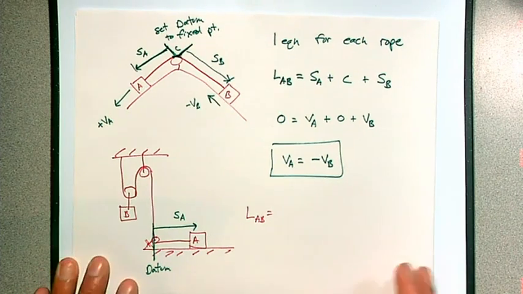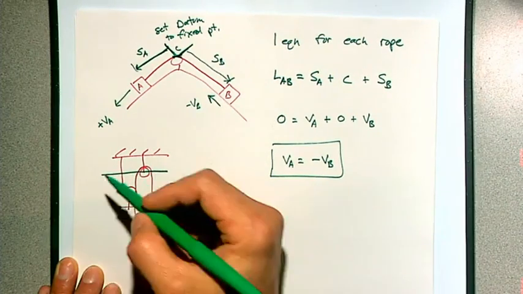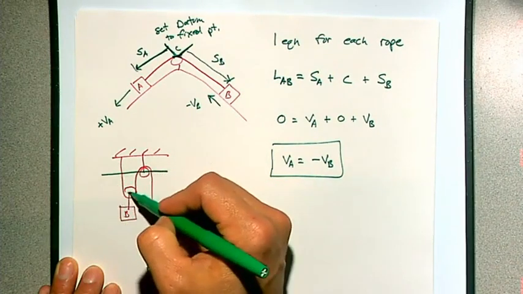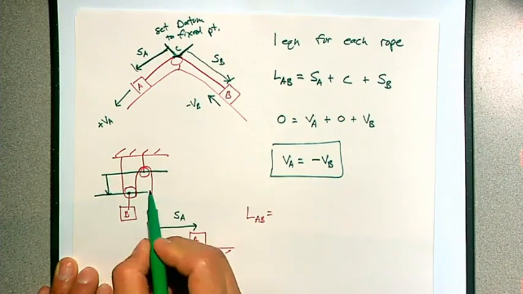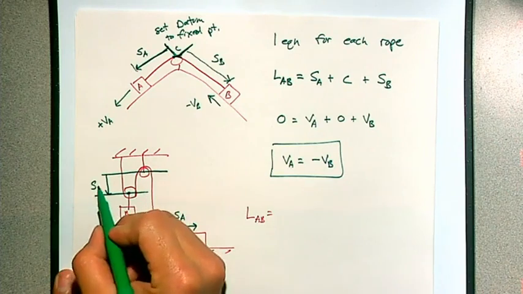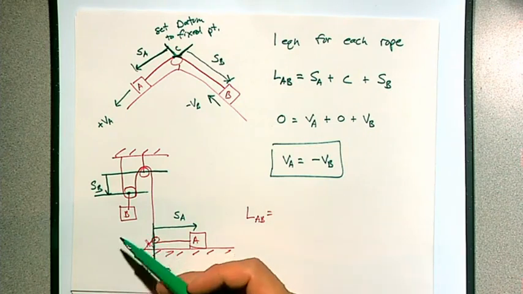The second one, our distance for B. All right, well, maybe that's not intuitive. Right? How come we didn't draw it all the way to B?